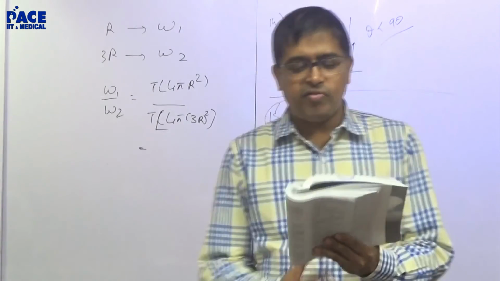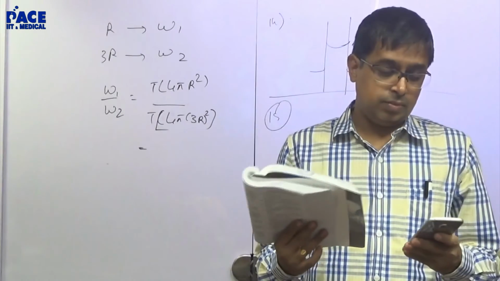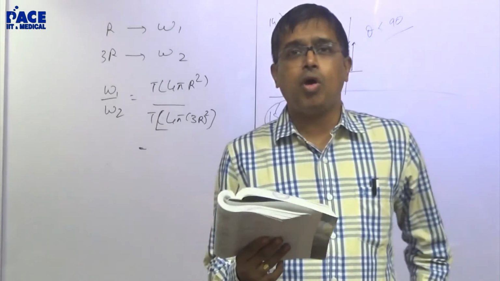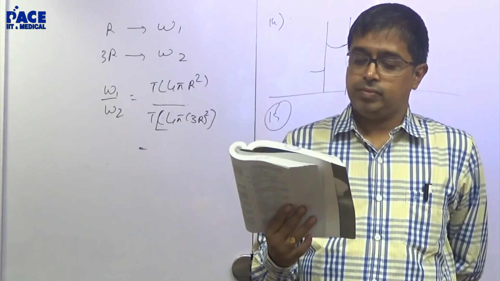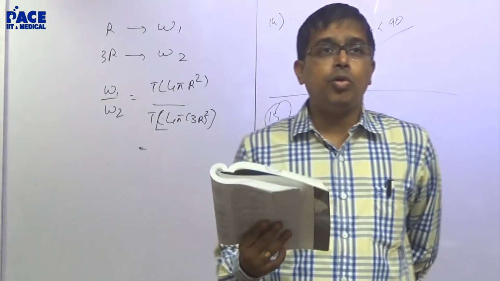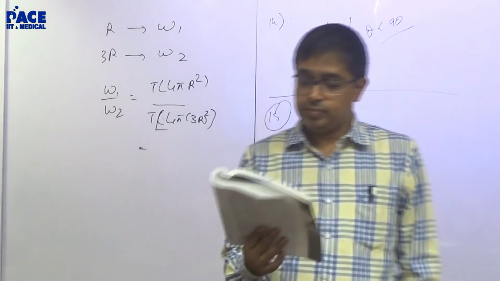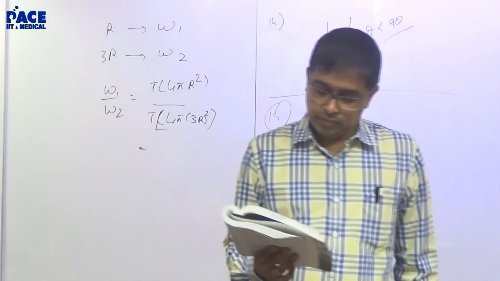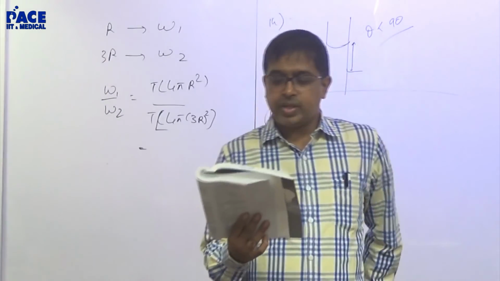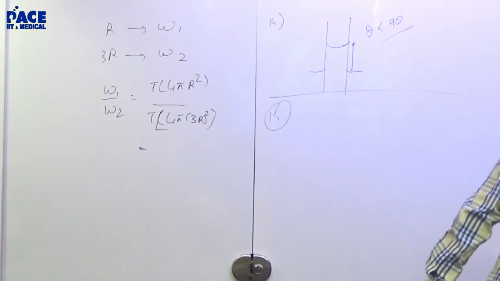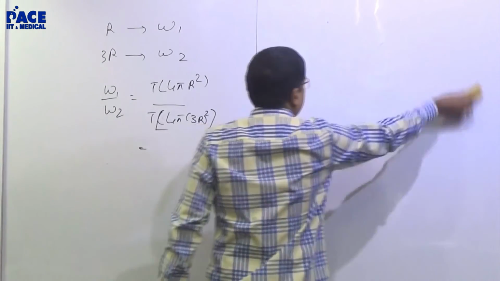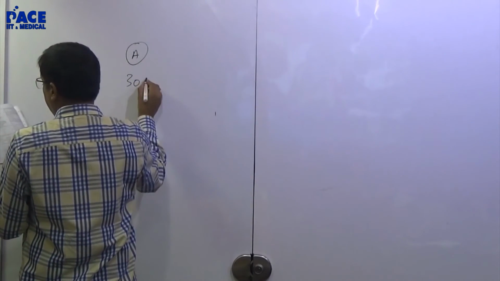Tuning fork A, capital A, of frequency 305 Hz, produces 5 beats per second with another tuning fork B. That means A is how much? 305.